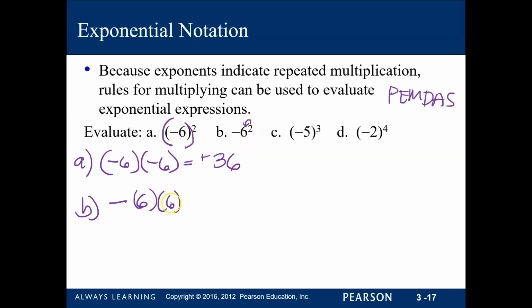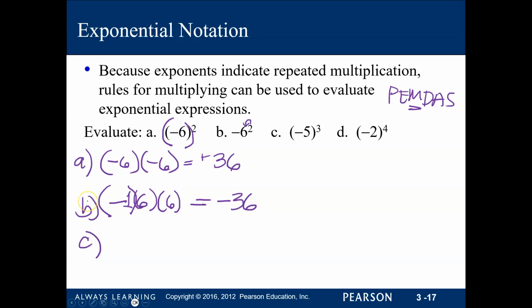That is why we raise 6 to the second power first, and then we multiply. Miss, what do you mean by multiply? The negative in front of the 6 squared is actually an invisible negative 1. So it's negative 1 times 6 times 6, all right? And so here, the answer would be negative 36, okay?